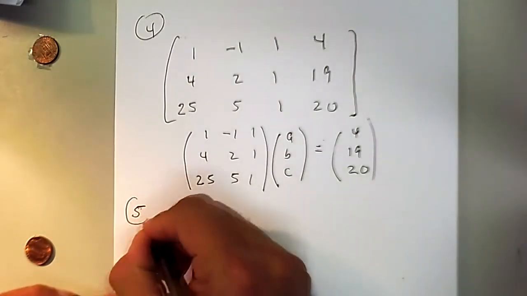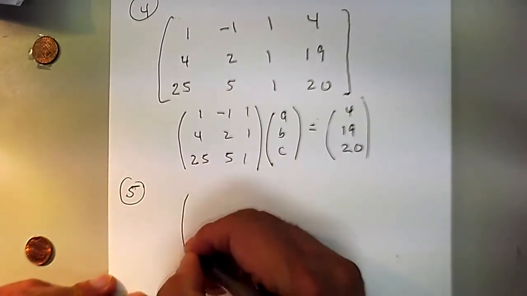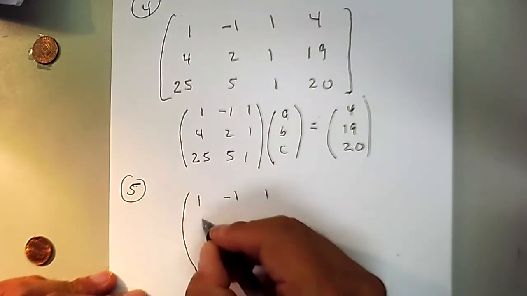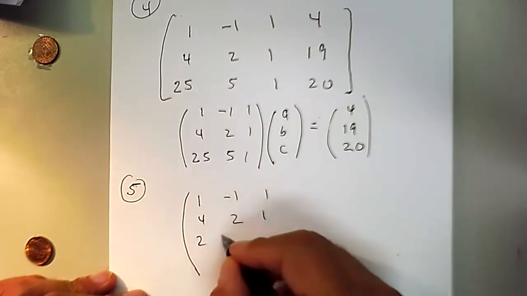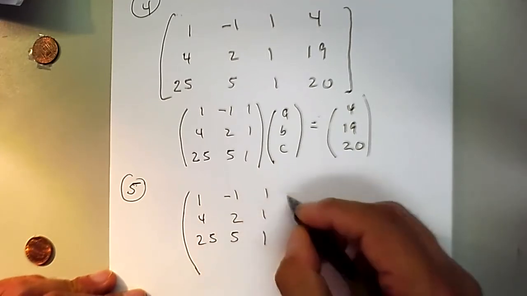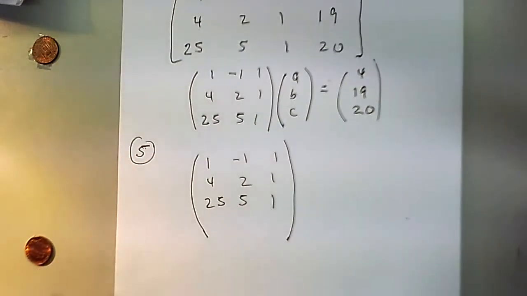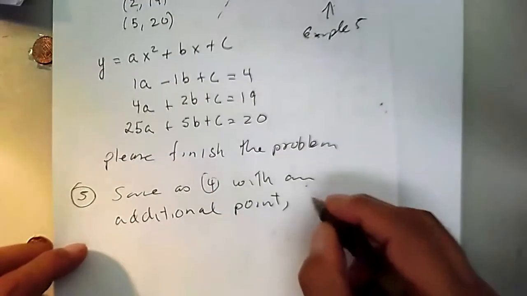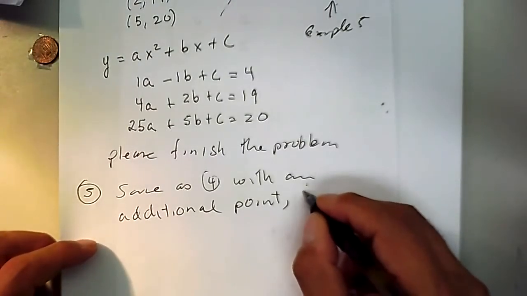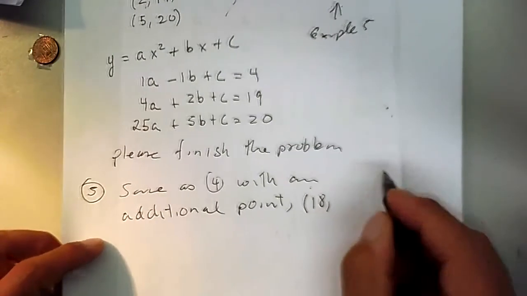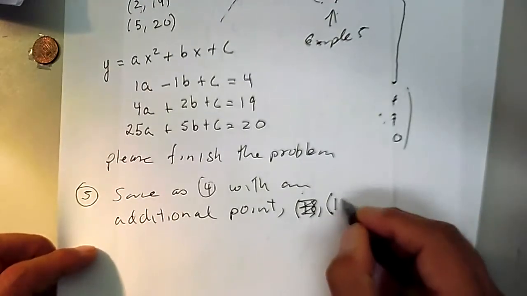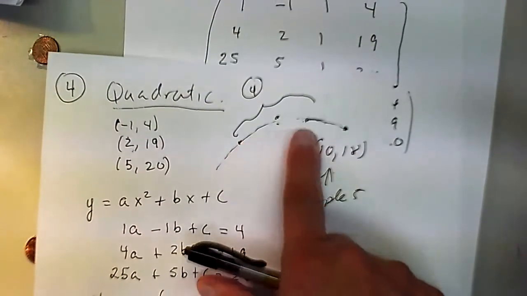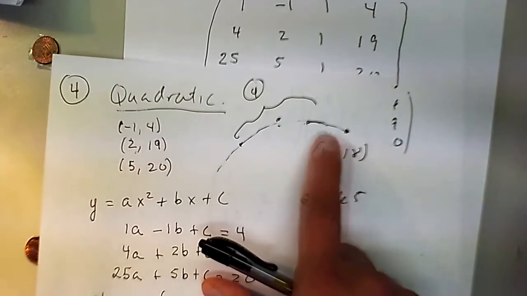Now, if we add one more point, the matrix equation will start out the same way: 1, -1, 1, 4, 2, 1, 25, 5, 1. But then we have one more equation corresponding to this additional point. The point that we're going to add will be 10, 18, the point that makes the bend more so.